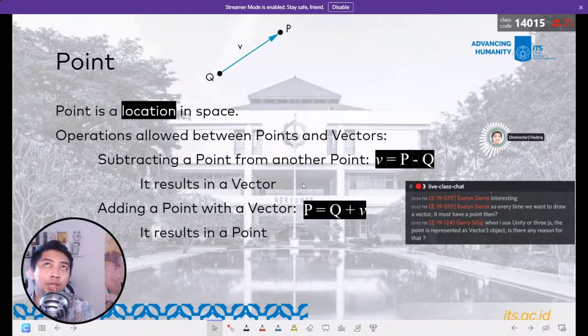Terus selanjutnya tadi kita belajar tentang titik. Jadi setelah tadi skalar itu hanya angka, kemudian vektor itu adalah suatu yang punya magnitude and have some direction, tapi tidak punya posisi. Masuk yang lebih advance lagi namanya point. Nah, ini sekarang yang kita bahas.